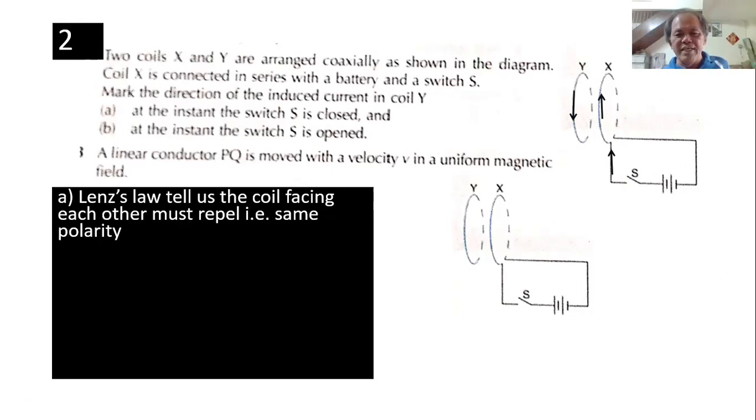That's why, if you look from the right, it's anti-clockwise. They only say mark the direction, they never say to explain. Best to mark direction rather than describe, because if you don't describe properly, it depends on where you look at it. Clockwise or anti-clockwise is very blur, depending on if you look from the right or from the left.